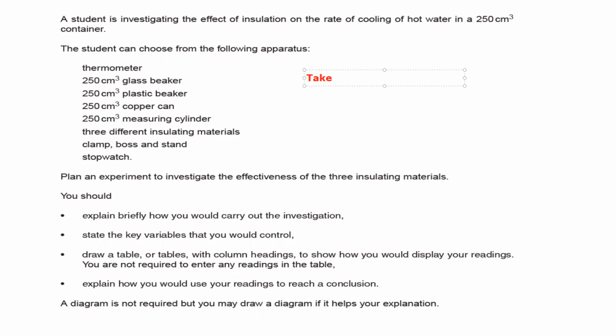We'll take a glass beaker and pour hot water, record the initial or starting temperature, and then we place insulation material 1 or A around the beaker.